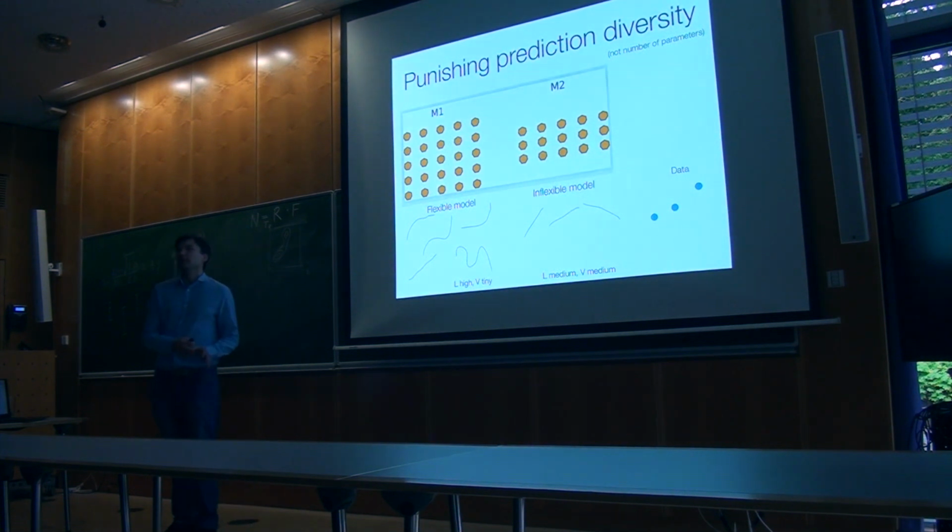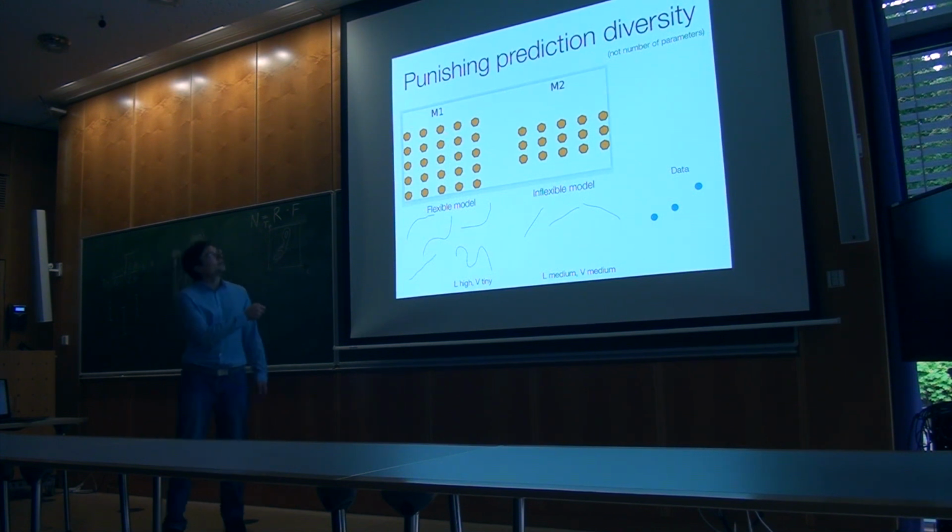What this does effectively is very interesting. Let's say I have one model which is very inflexible. It can only produce this kind of lines. And I have my data, and some substantial region of the parameter space looks similar to the data.